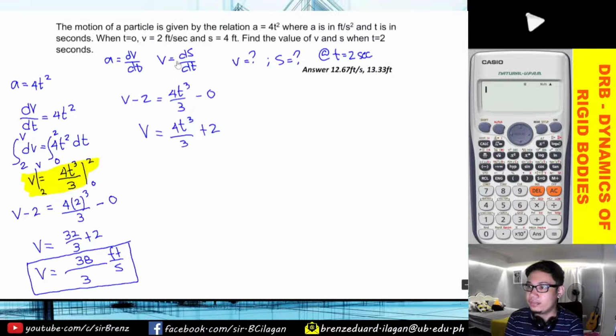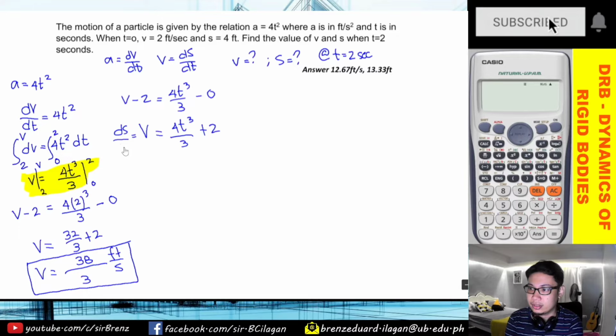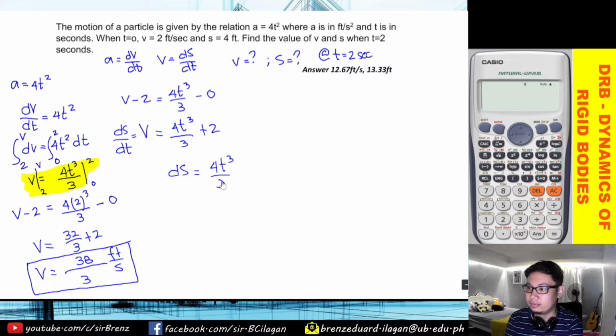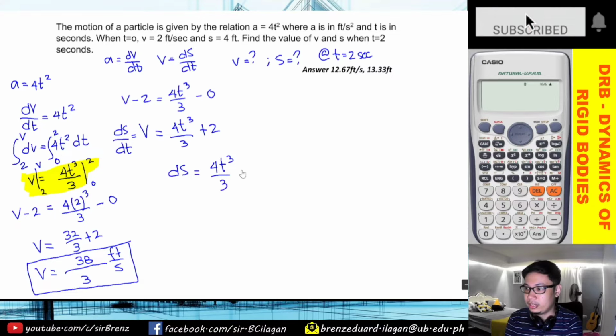Knowing that your velocity is equal to ds over dt, in short our equation becomes ds equals, moving the dt up, 4t cubed all over 3 plus 2 dt. So what do we do?